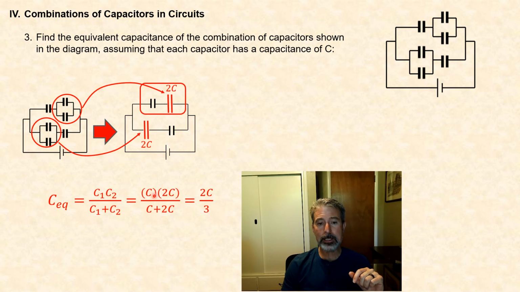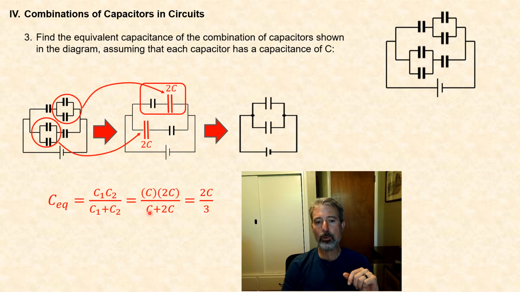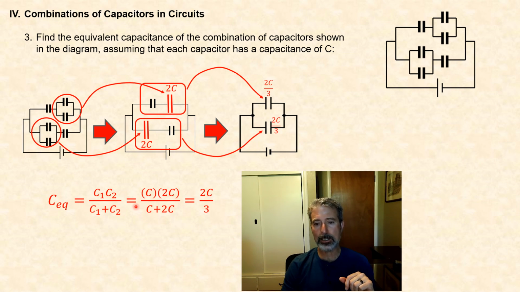So I take this capacitor, which is C, multiplied by the capacitance of this capacitor, 2C, and divide by the sum of the capacitances, which gives me a capacitance of 2/3 C. I can now replace that combination of 2 capacitors with a single capacitor having a value of 2/3 C. And likewise for this bottom branch, same physics here, I can do exactly the same thing.